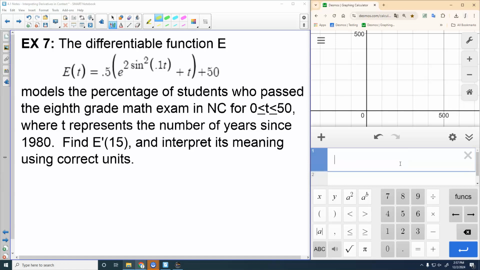I am not going to use the E. I'm just going to call it f of x equals 0.5 times e to the 2 sine of 0.1x, squared, because I don't think it's going to let you do that. Sine squared of x, and then plus x.